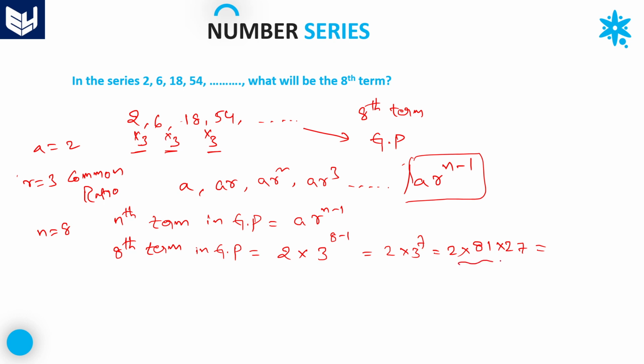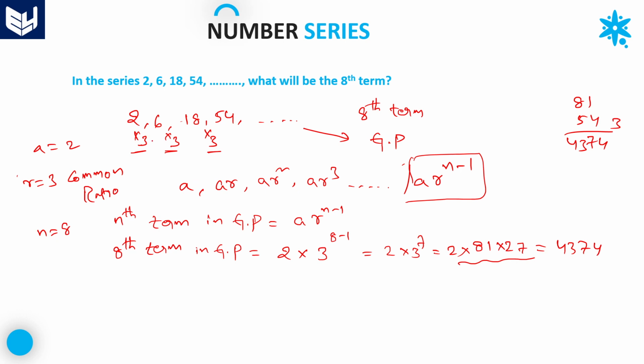Now, if you multiply all these numbers, that is the final answer. 81 into 27: 2 twos are 4, 2 sevens are 14... multiplying 2 into 81 into 27 gives 4374.